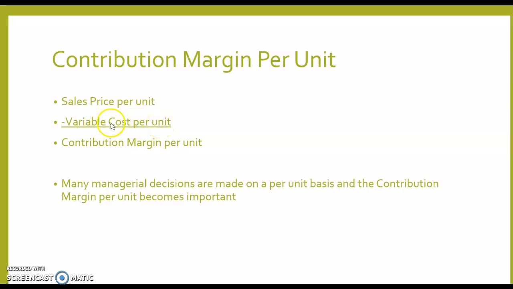And again, that variable cost is not just for the product. It's variable cost from both the factory and the office, from both the product and the period. Anything that's variable that's part of that unit will be subtracted from the sales price for one unit, and that will give us the contribution margin for one unit.